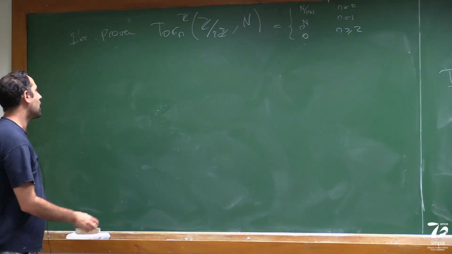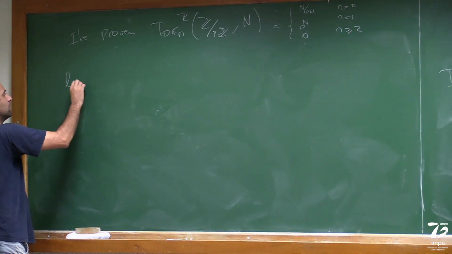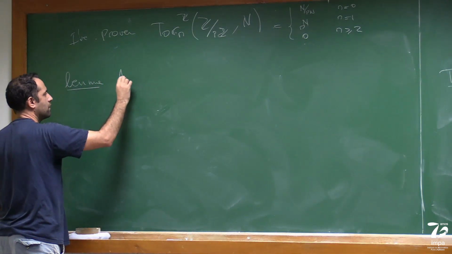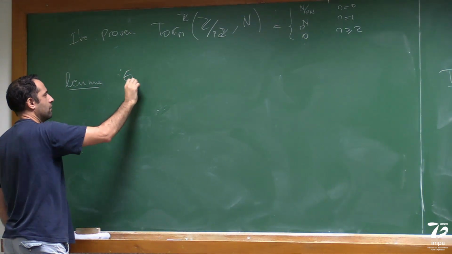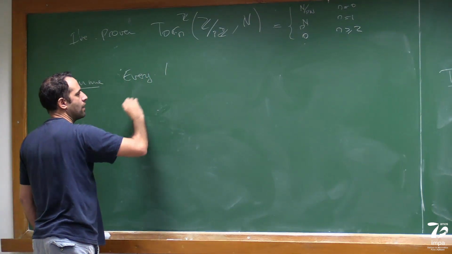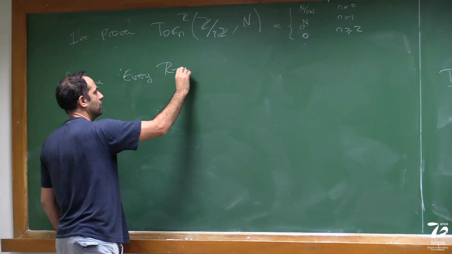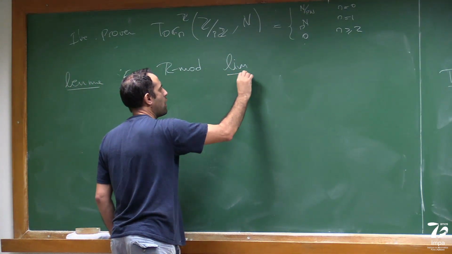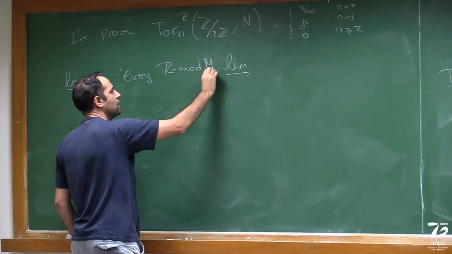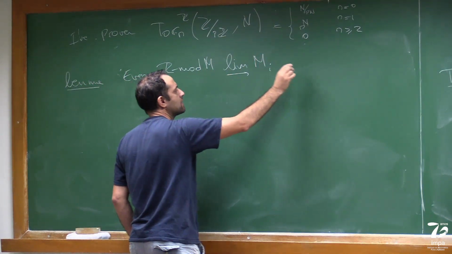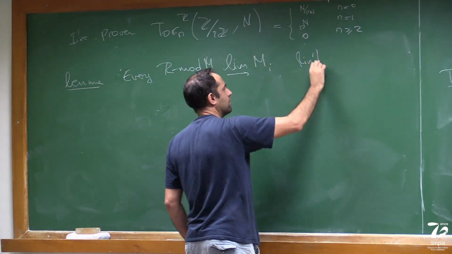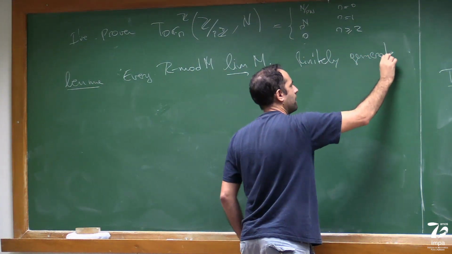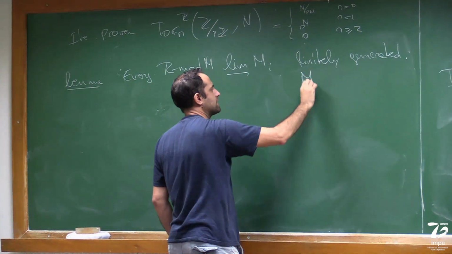Okay. So now the following lemma is trivial. Every R-module M is a colimit of M_i's with finitely generated M_i's.